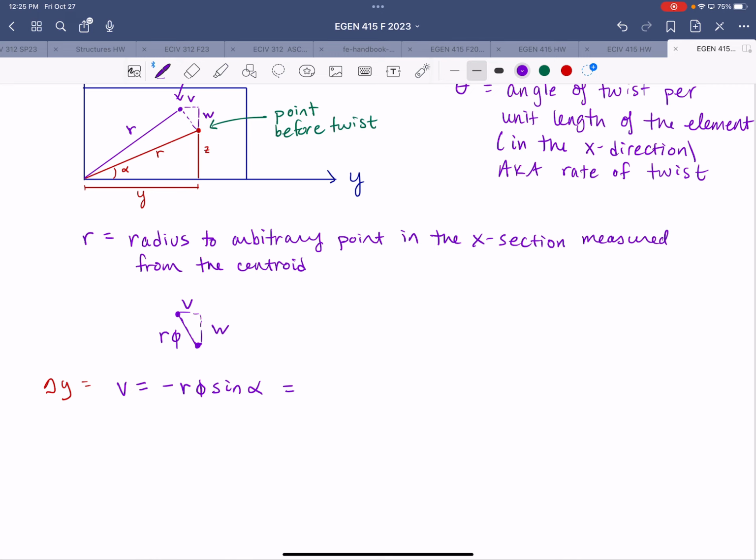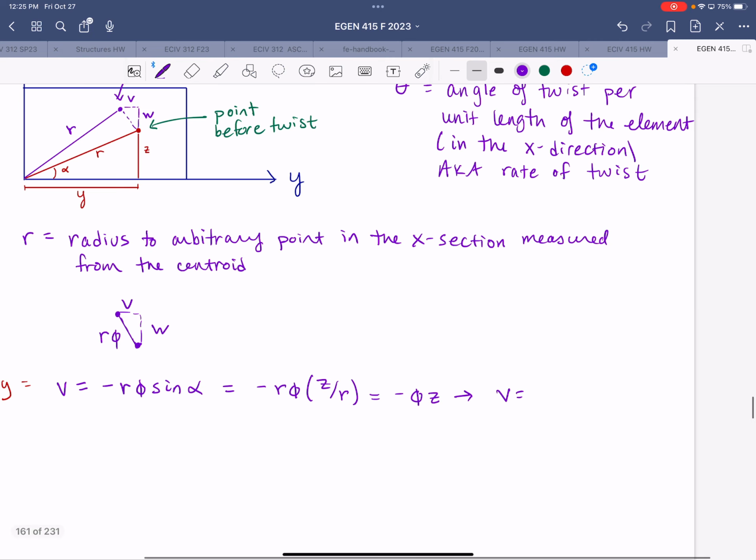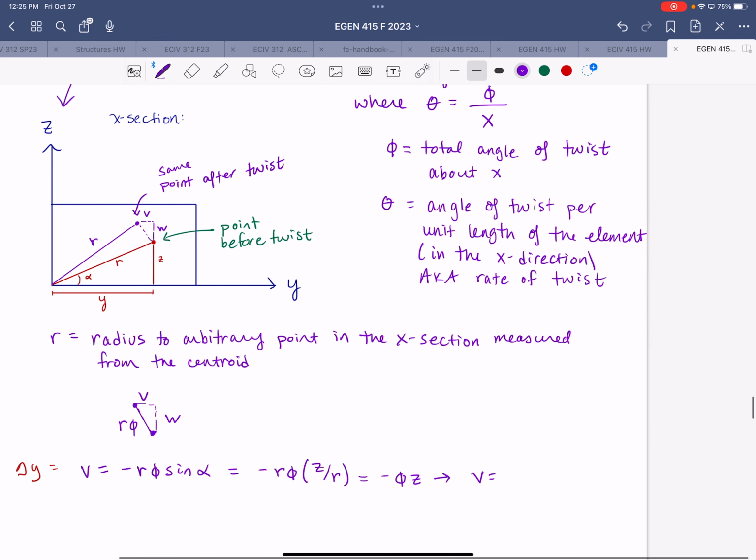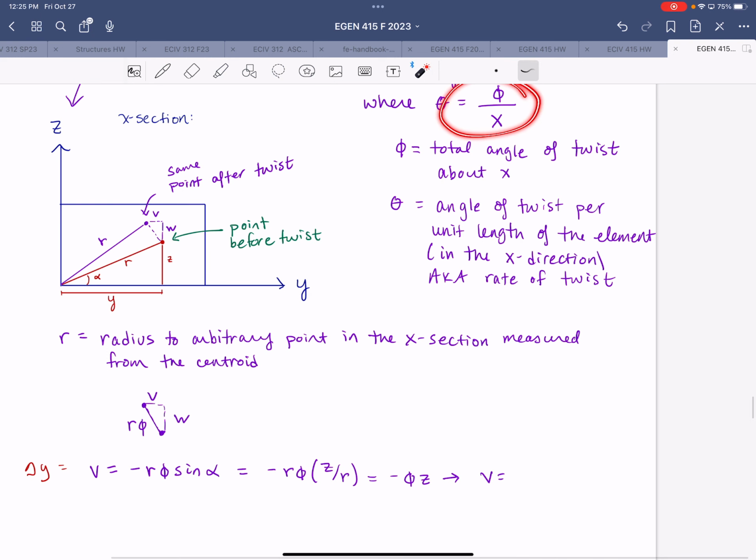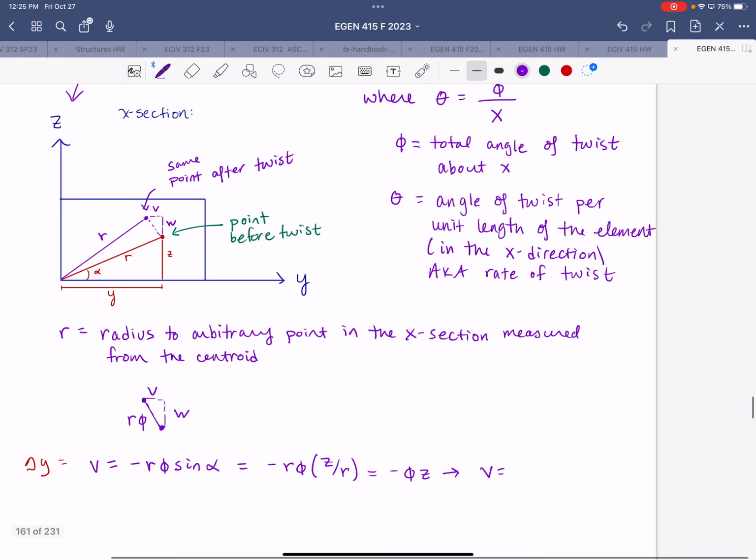And we can replace sine of alpha with Z over R. So that's negative R phi times Z over R, which is negative phi Z. So we can say V is equal to, now we'll substitute in theta equals phi over x, negative theta times x times z.